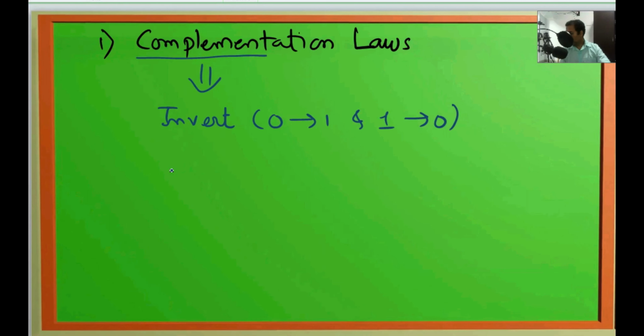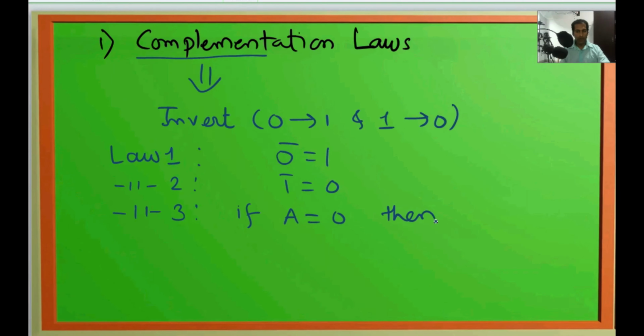Law 1 is 0 bar is equal to 1. Law 2 is 1 bar is equal to 0. Law 3 is if A is equal to 0, then A bar is equal to 1.